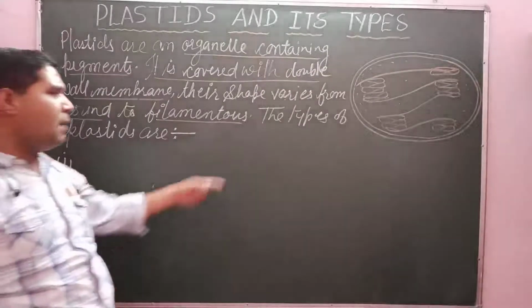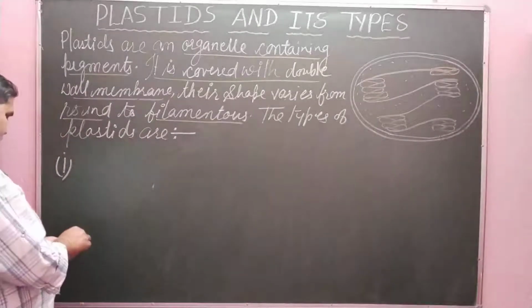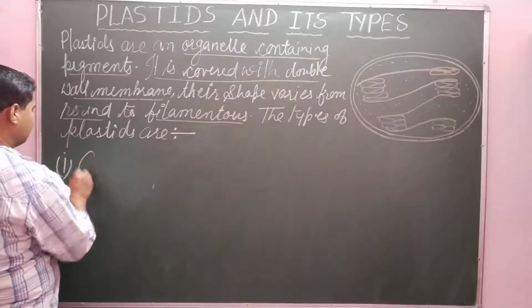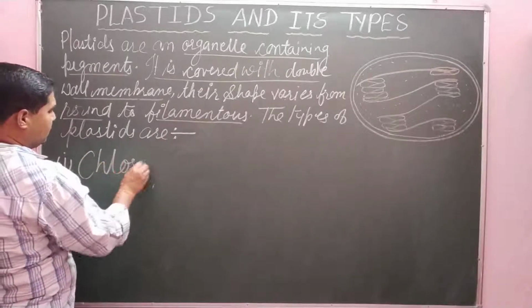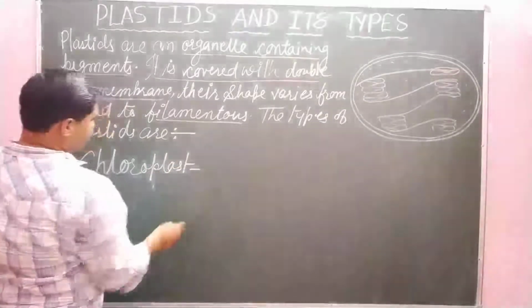Let us know about the types of plastid. So the types of plastid are, first, chloroplast.